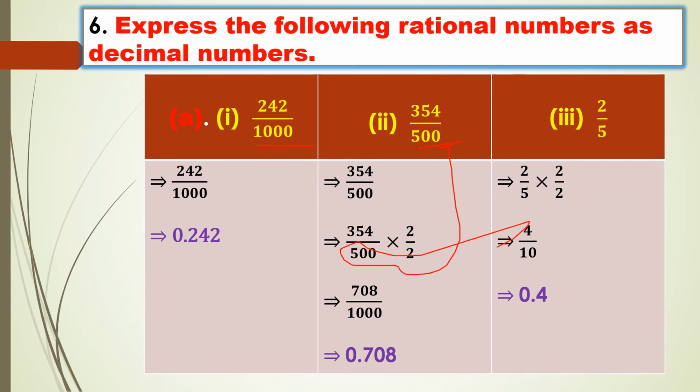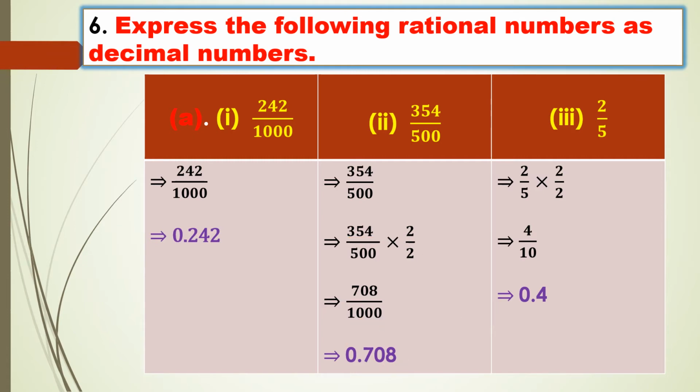When I multiply by 2 in the denominator, I should multiply in the numerator also, right? So 354 into 2 is 708 by 500 into 2 is 1000. Now I can write 708 as it is, and I can put the decimal before 3 digits because 3 zeros are there. 1, 2, 3.